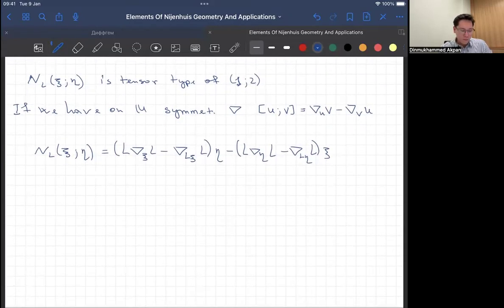We already wrote it in terms of the covariant derivative, but there is another type of derivative, for example the Lie derivative along some vector field.